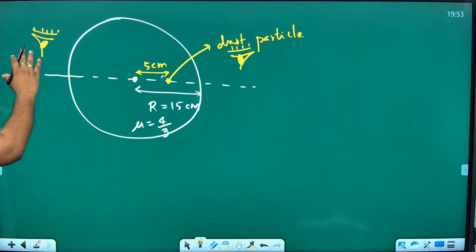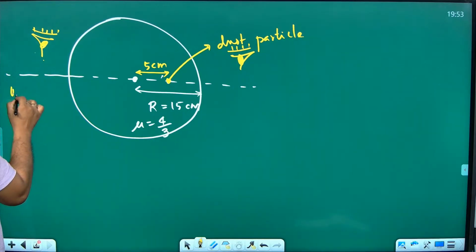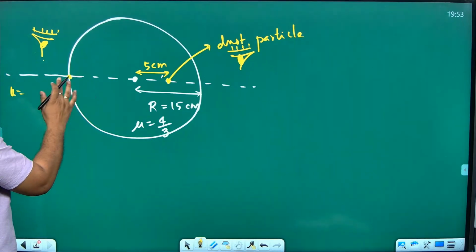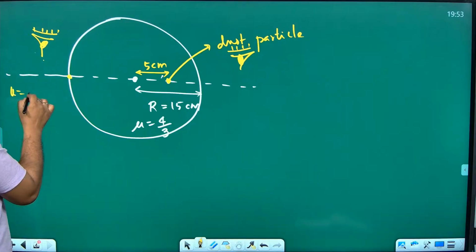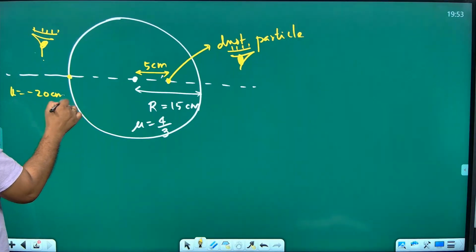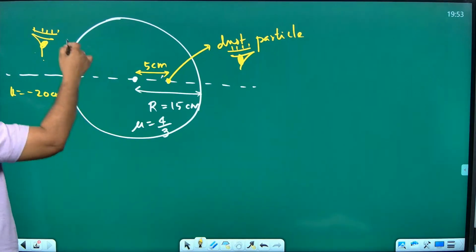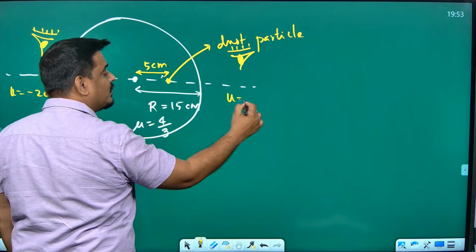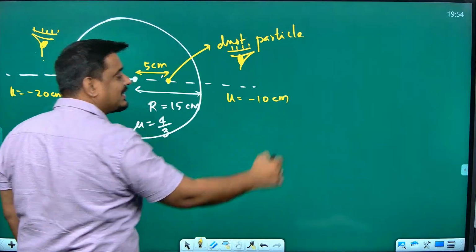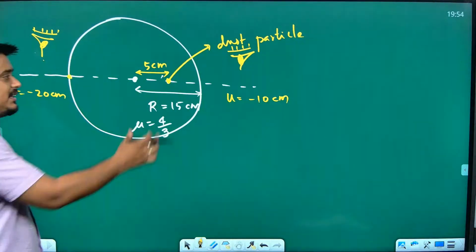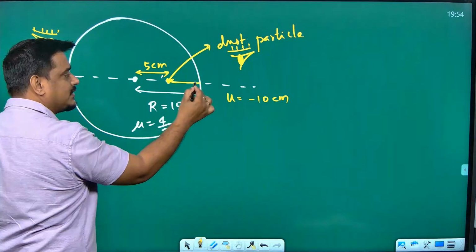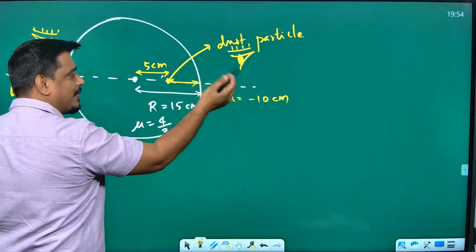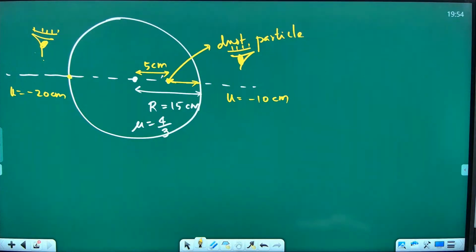For this person, the object distance will become 15 plus 5, minus 20 centimeter. Why minus? Because rays come in this direction. For the other person, u is minus 10 centimeter, because the object is at 10 centimeter from this point, so its rays go like this, so minus. Is it clear to you?